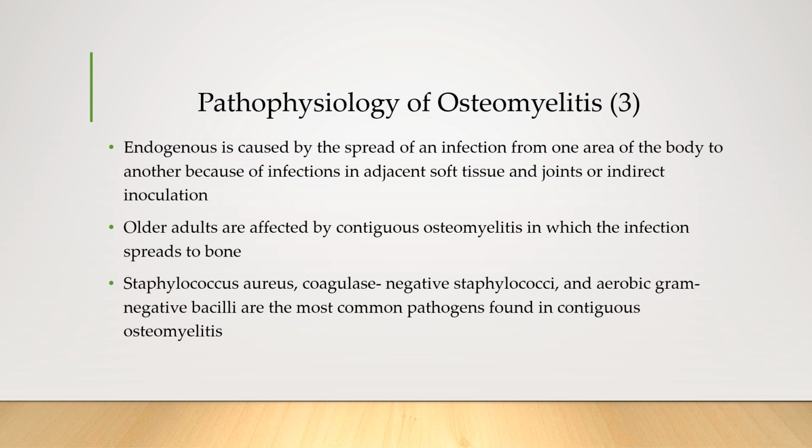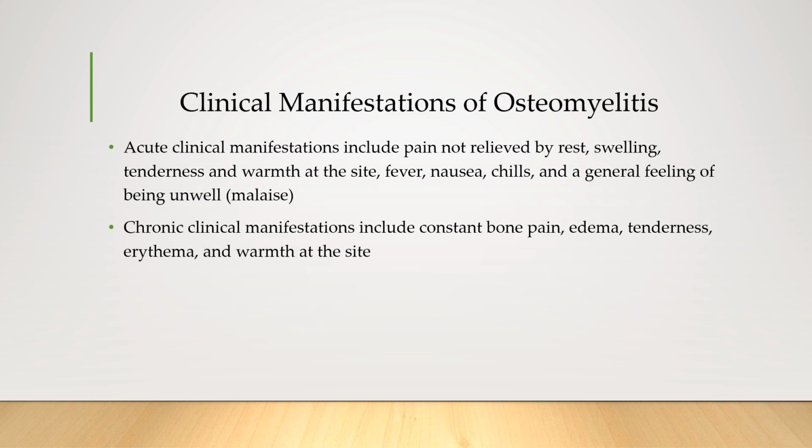Older adults are affected by contiguous osteomyelitis, in which the infection spreads to bone. Staphylococcus aureus, coagulase negative staphylococci, and aerobic gram negative bacilli are the most common pathogens found in contiguous osteomyelitis.